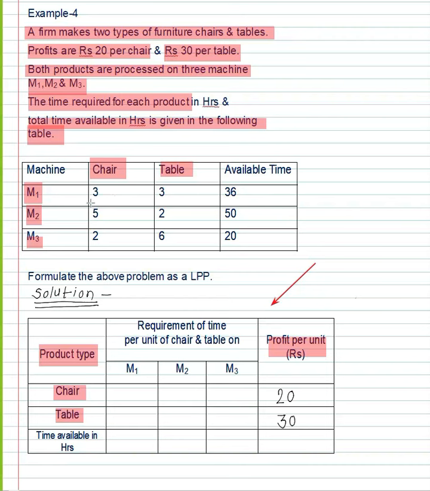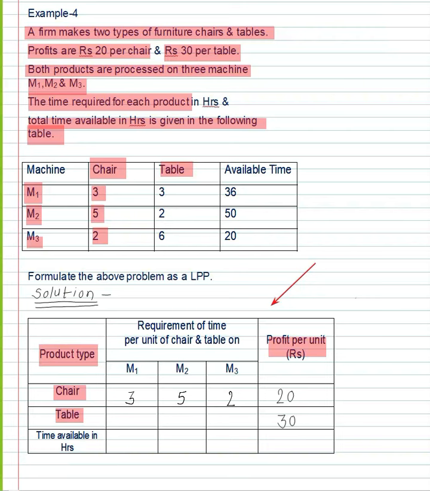Each chair requires 3 hours on machine M1, 5 hours on machine M2, 2 hours on machine M3.